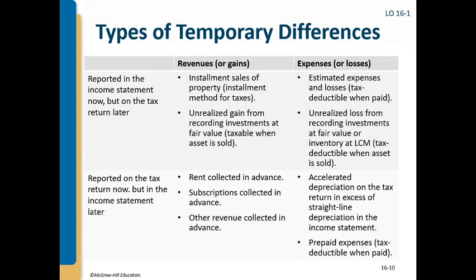Now, the bottom left column under revenues in the book is shaded blue, as is the top right under expenses. The temporary differences in the blue areas create deferred tax assets because they result in deductible amounts in some future years.